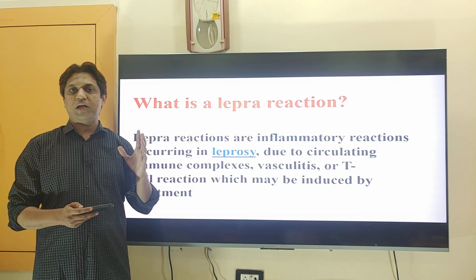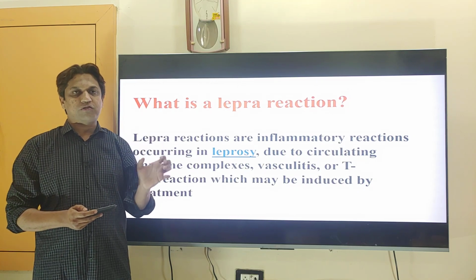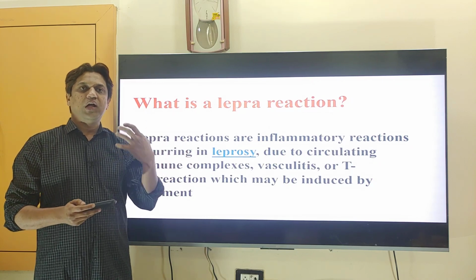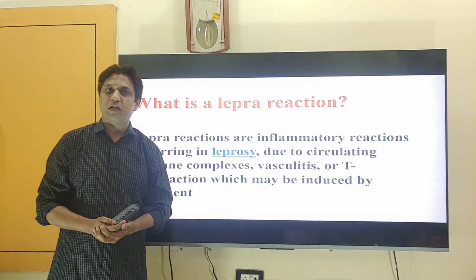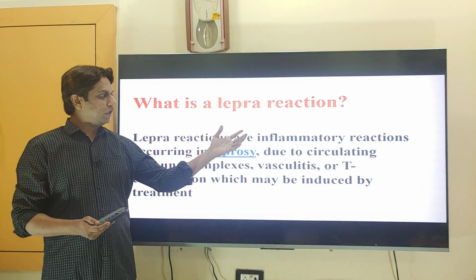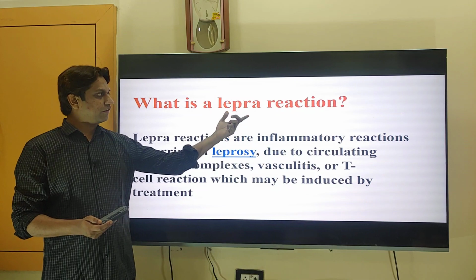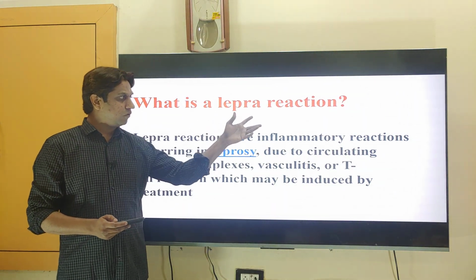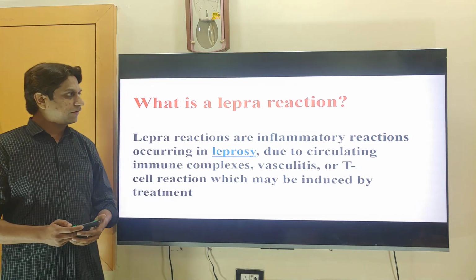That is mainly because of the host, that is the patient's immunological response; there is some inflammation against the antigens of the Mycobacterium leprae, and due to that inflammatory reaction, that erythema or induration is seen, and that reaction is usually known as Lepra reaction.